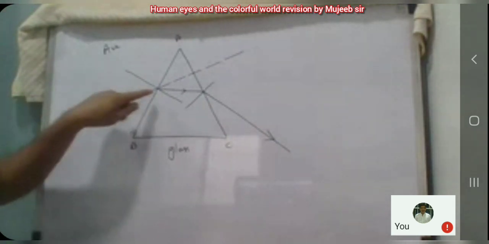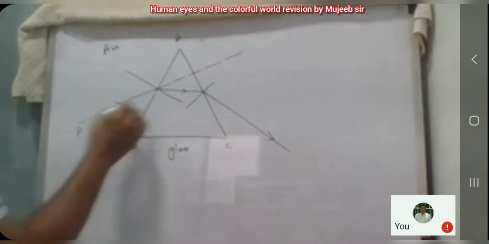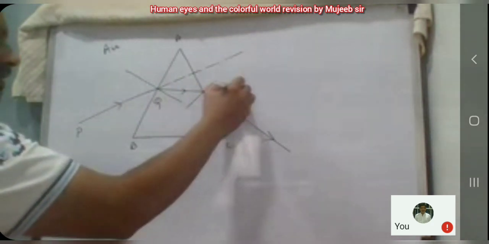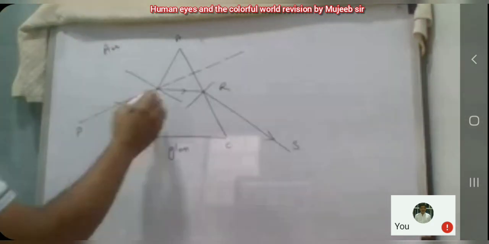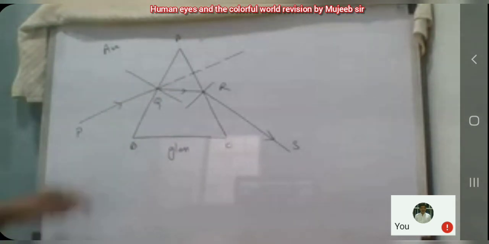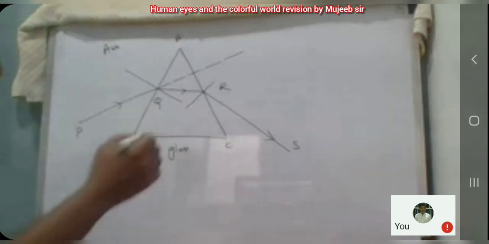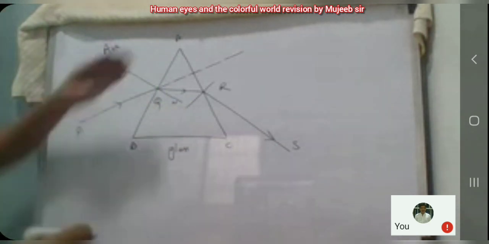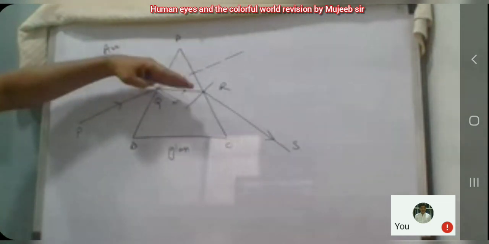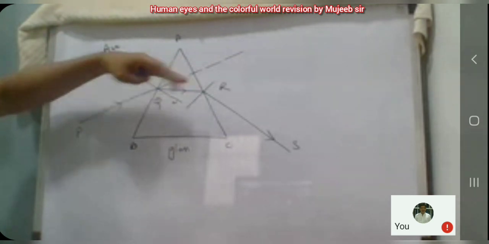Okay, now why will it go in this direction? Because see, in the first case, suppose this is point P, this is point Q, this is point R and this is point S. So at point Q, the ray of light was going from rarer to denser medium, so it bent towards the normal. You can see this is the normal. Instead of going over here, it is bending here towards the normal.